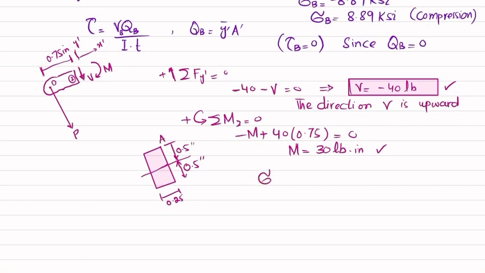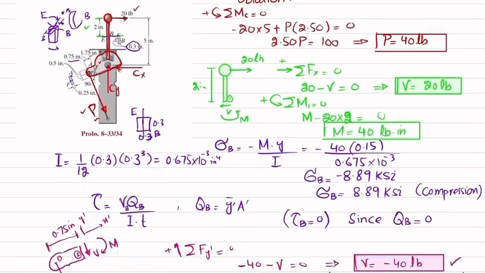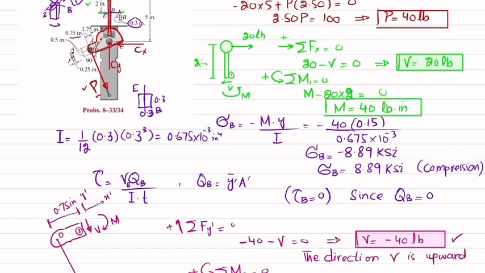Again, we know that bending stress at A is equal to sigma equals minus M into y divided by I. Clear? And you can see that bending stress here is like this. So it means that the upper surface will be in tension.